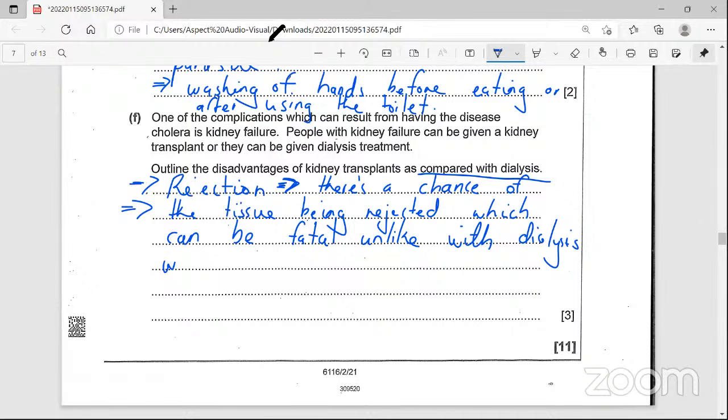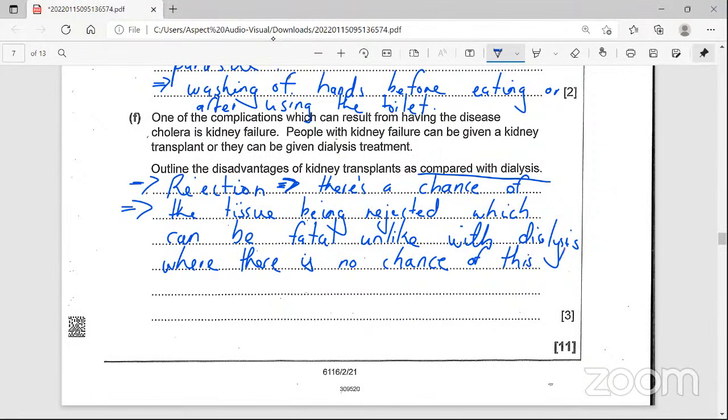How's that an introduction? I'm just explaining why rejection is a disadvantage compared to dialysis. That's all. Yes, I'm still writing, guys.